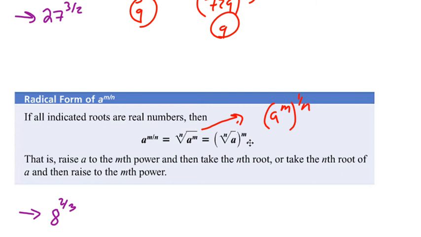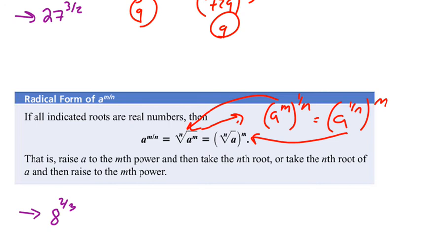And this is the same thing as well, right? We can switch m and n. I can say a to the power of 1 over n, all raised to the power of m.